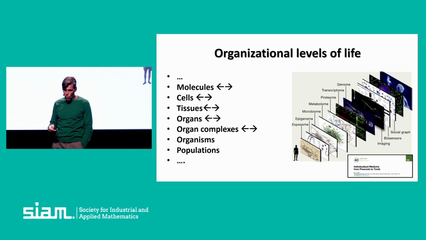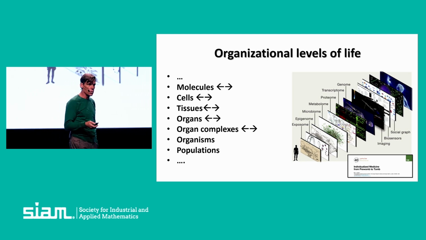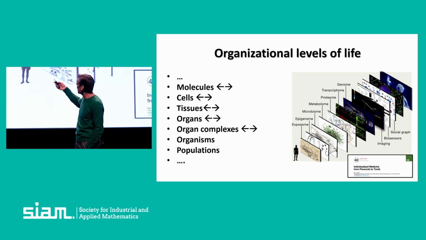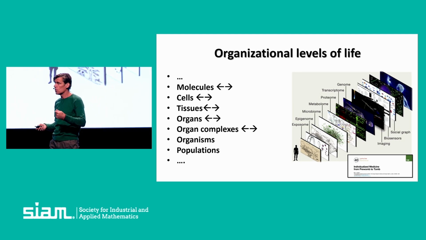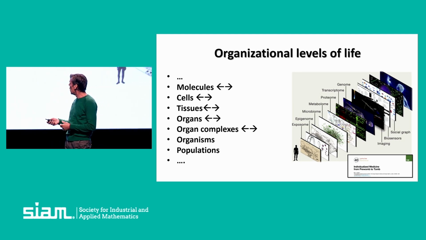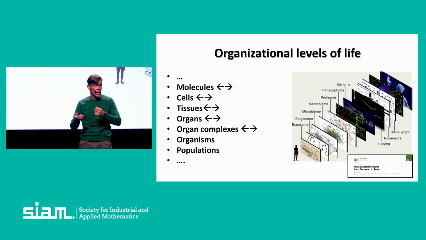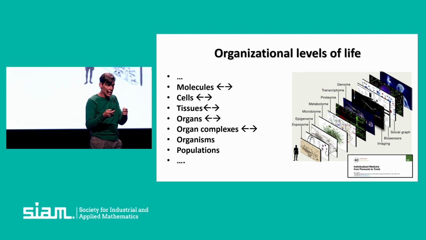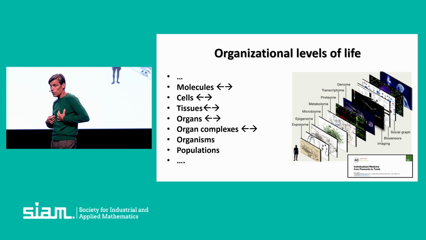So, in order to, let's say, model a human, we need to respect all the different layers here, how billions of molecules make up cells, and then all of these cells make up tissues, and tissues organize into organs, that organize into organ complexes, that organize into an individual.